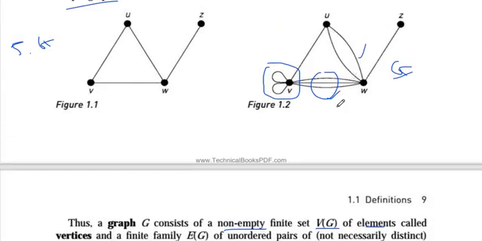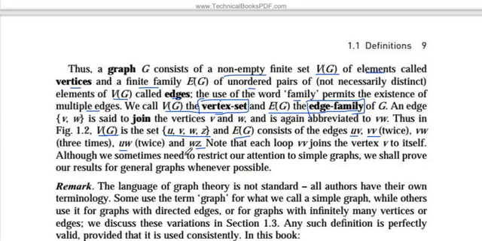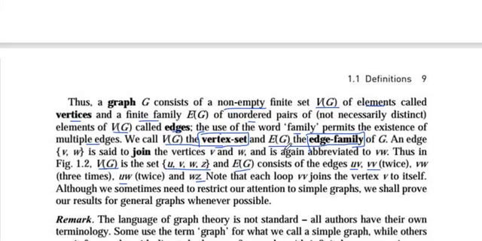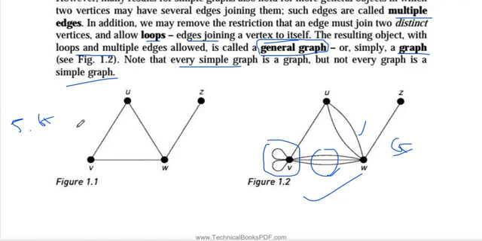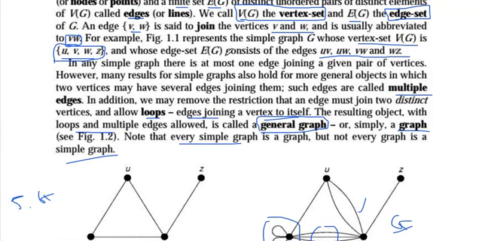So this is called the edge family. So vertex set, edge family, and for a normal graph we may call it an edge set. So there are three definitions: vertex set, edge set, and edge family.